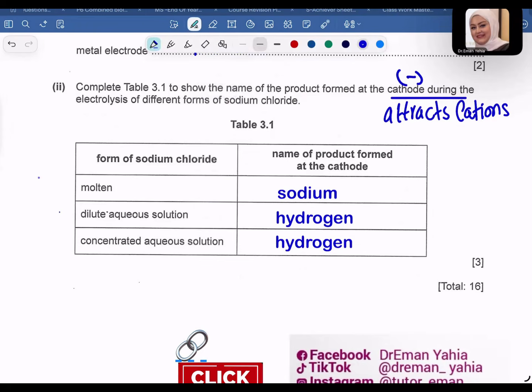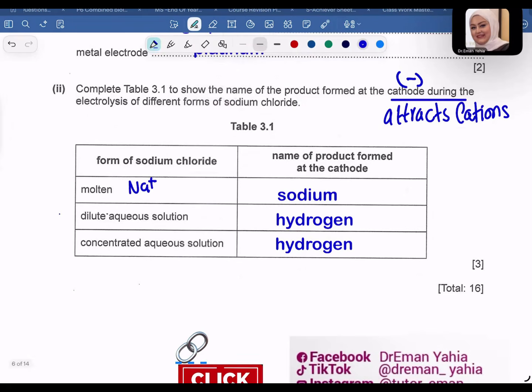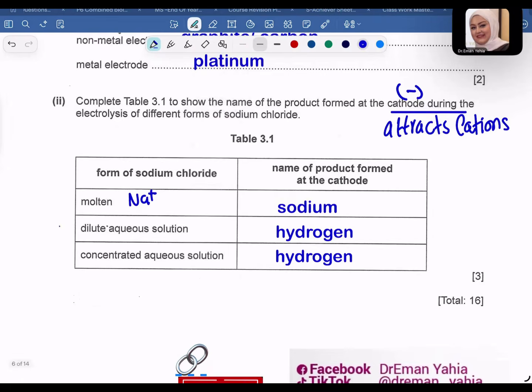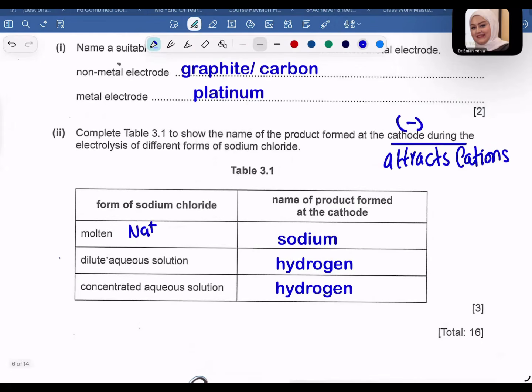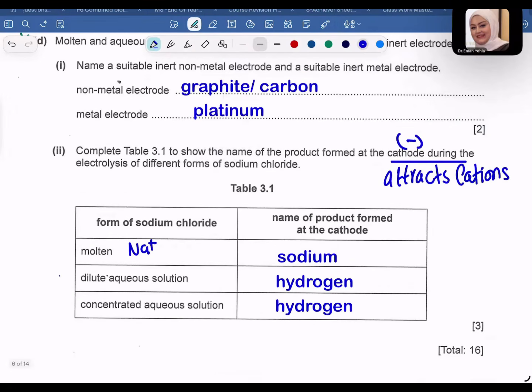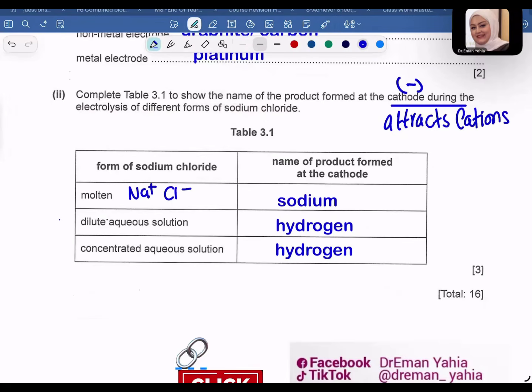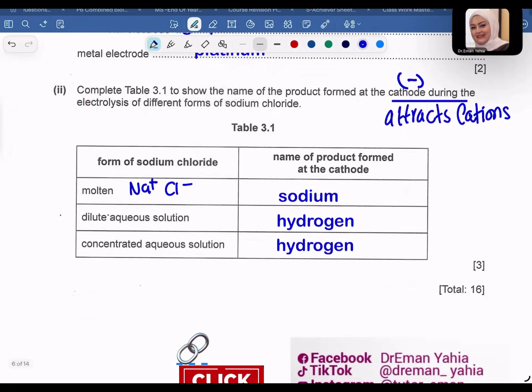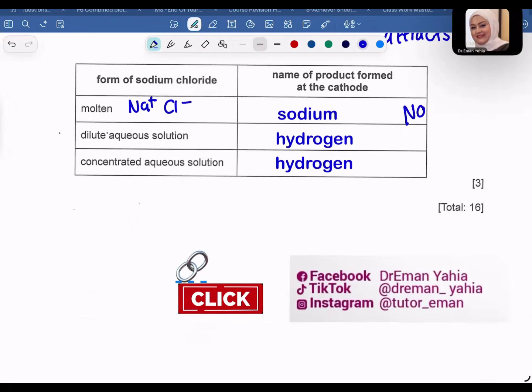So in molten sodium chloride you have only Na plus and Cl negative. Which one is attracted to the cathode? Sodium. So the sodium ion gains one electron to form sodium metal.